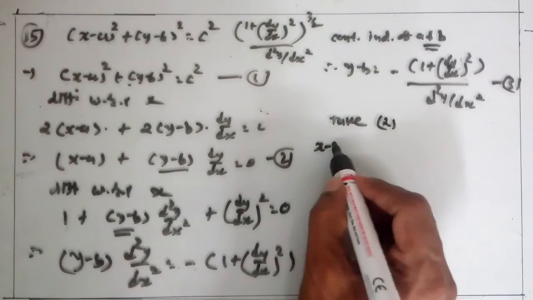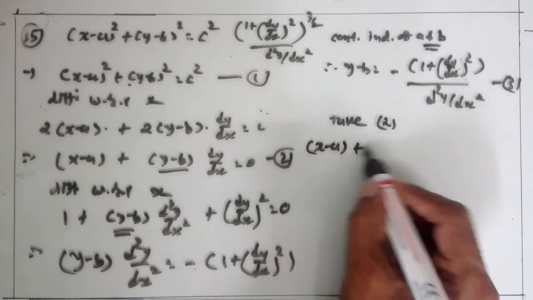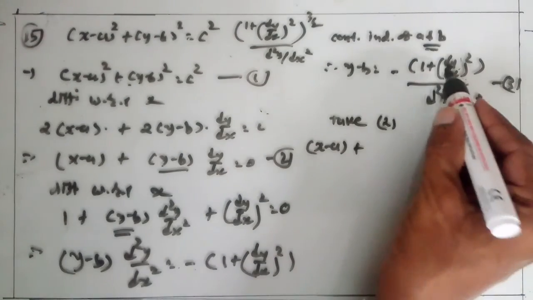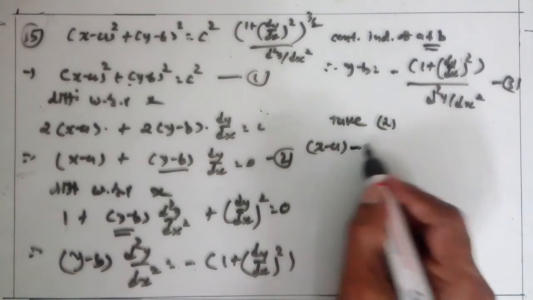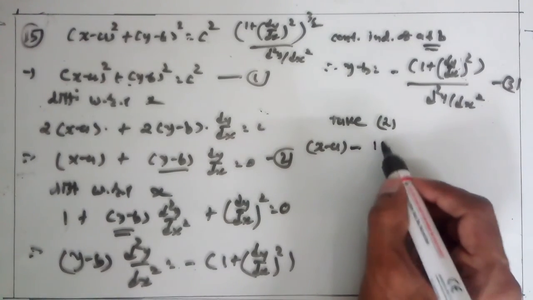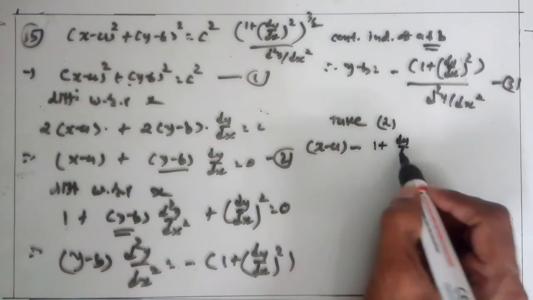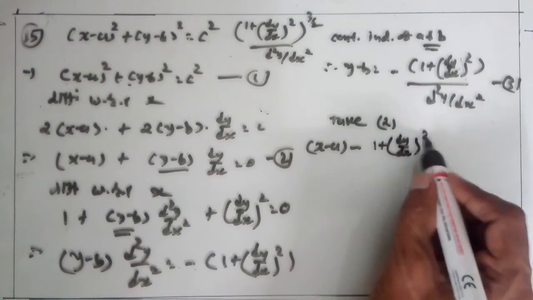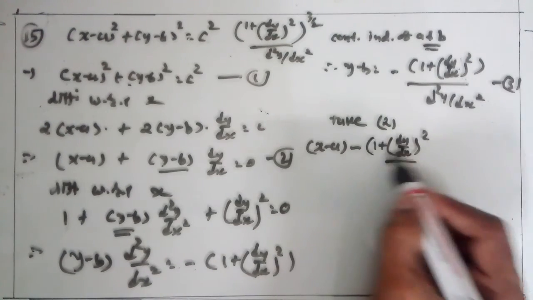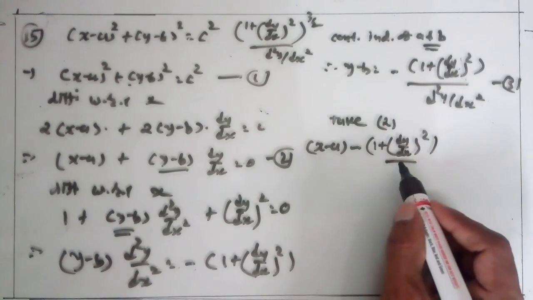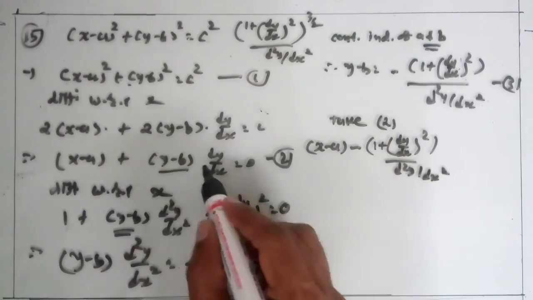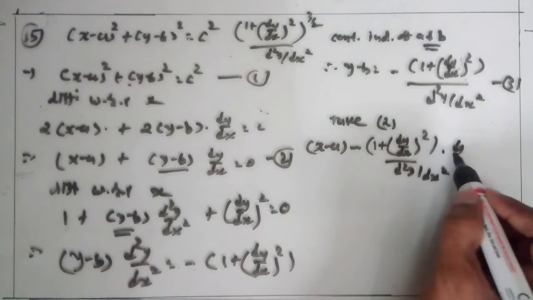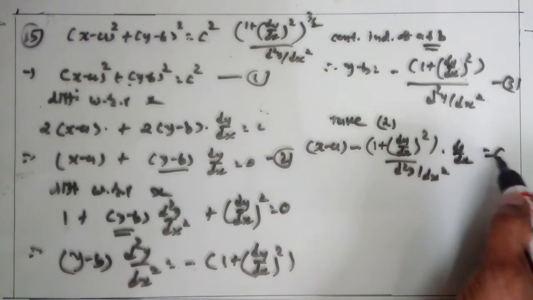So (x − a) + (y − b) dy/dx equals 0. So this becomes (x − a) minus [1 + (dy/dx)²] upon d²y/dx² into dy/dx is equal to 0.